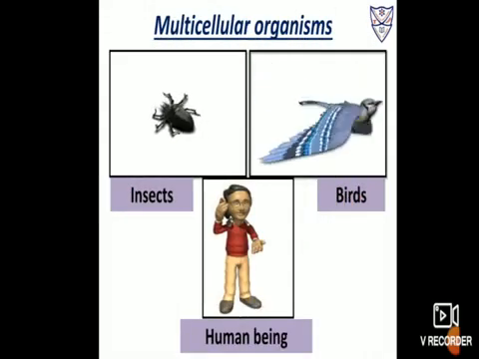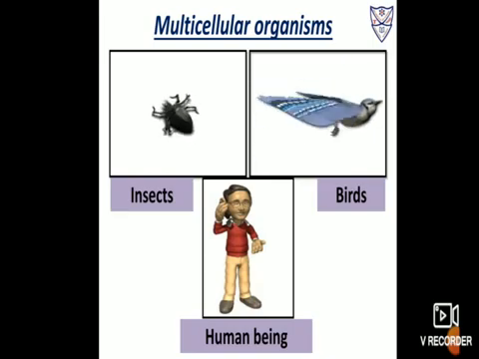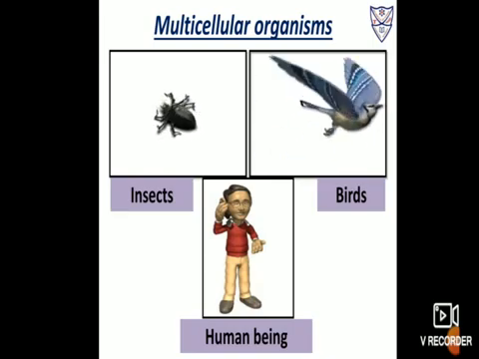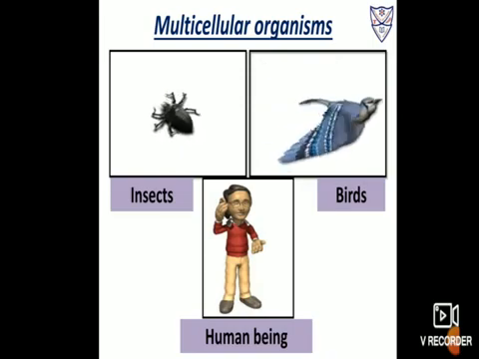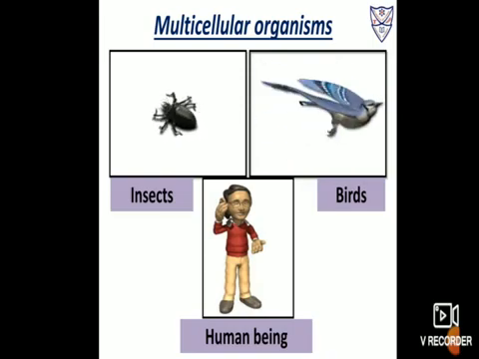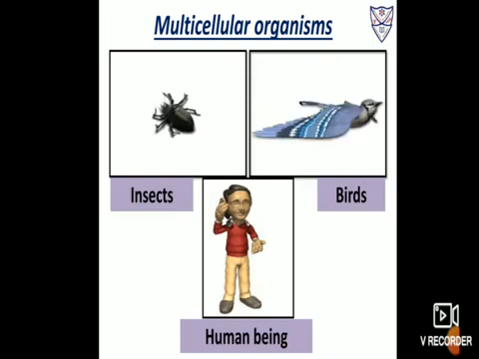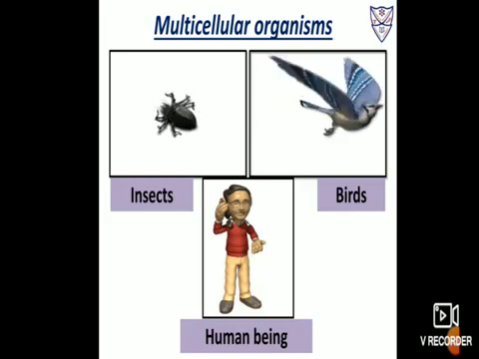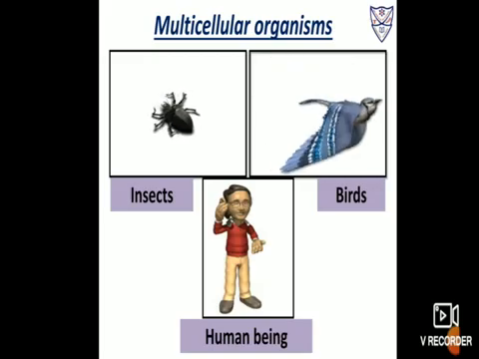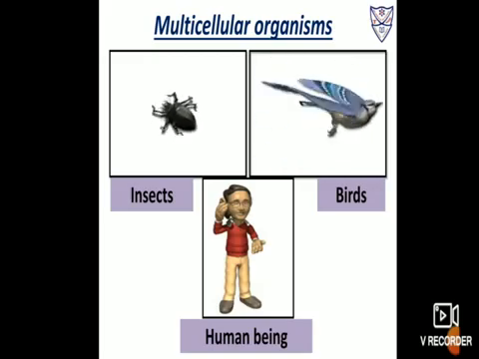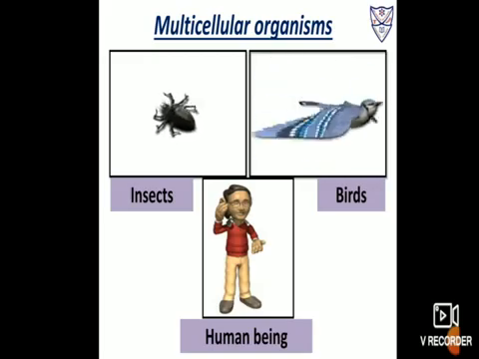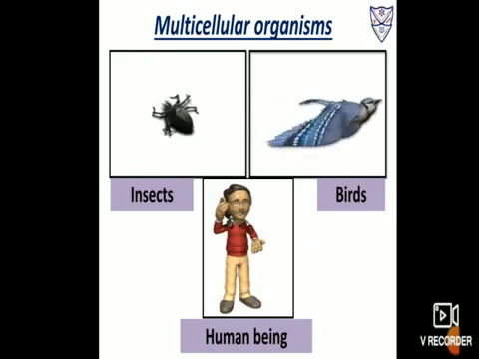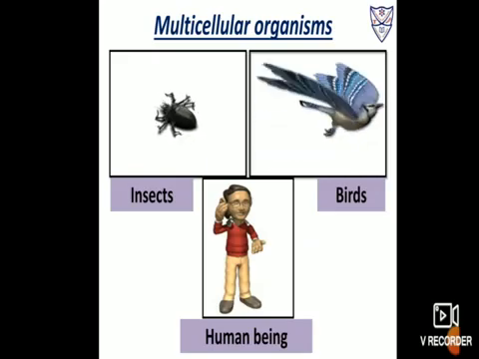Second is multicellular organisms. Organisms made up of many cells are called multicellular organisms. Most of the plants and animals that we see around us are multicellular organisms. For example, trees, grass, insects, cows, birds, humans are a few examples of multicellular organisms.